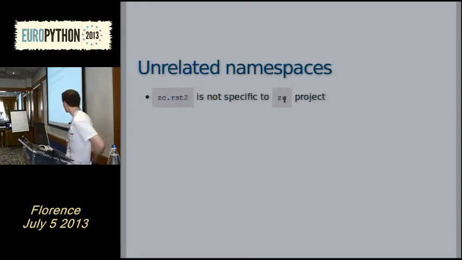ZC.rst2 is an example. Many users discard this project because they think it's specific to ZC, which is a Zope corporation, but it's a generic project. It's related to docutils.